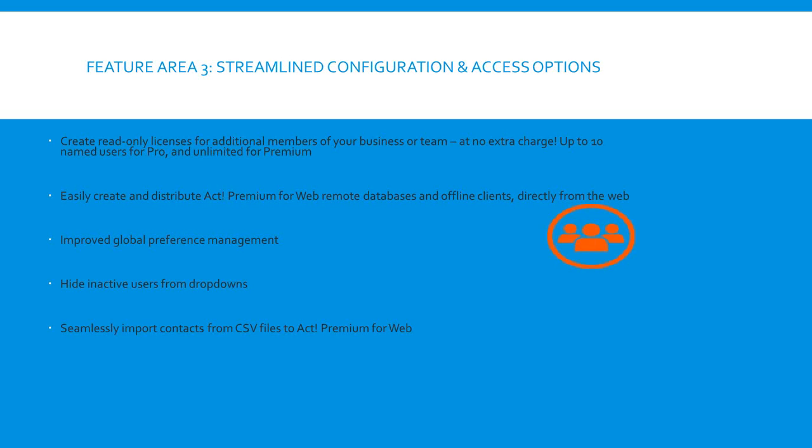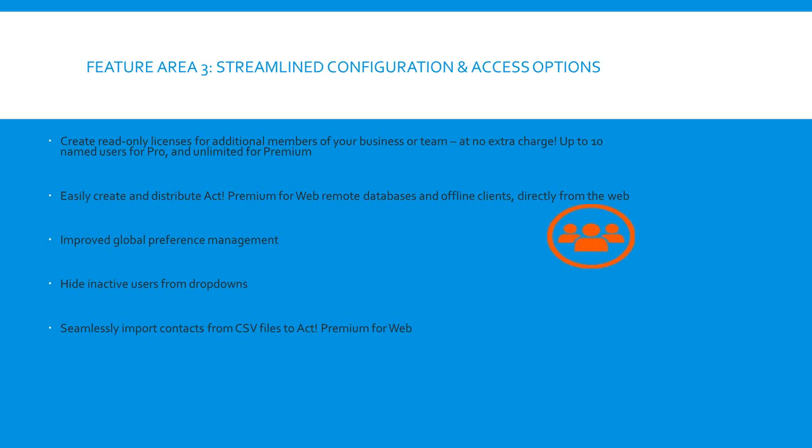With 17.0 and 17.1, under improved global preference management, what we see with that is that they are gradually moving the preferences from the individual user's app data folder to the database itself, which means if you log in under different machines, you don't have a whole different set of preferences. The preferences are in the database, and so they're gradually doing that.